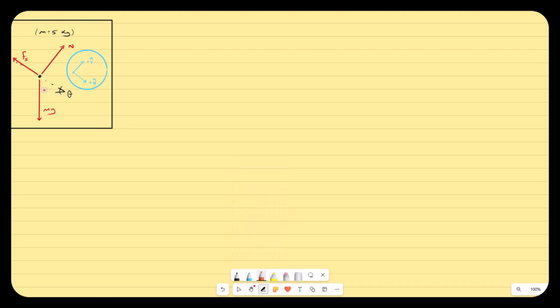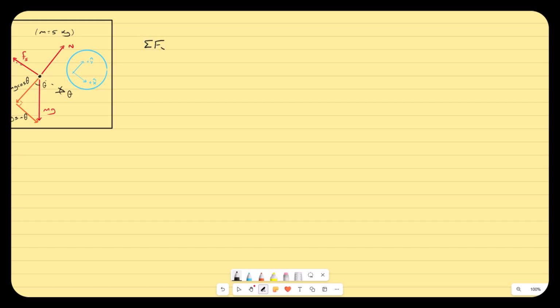So I'm going to have to break that into components. If that was the angle of my ramp, then there's my angle again. That makes this side mg cos theta, makes this side mg sine theta. And now I can start my equations.